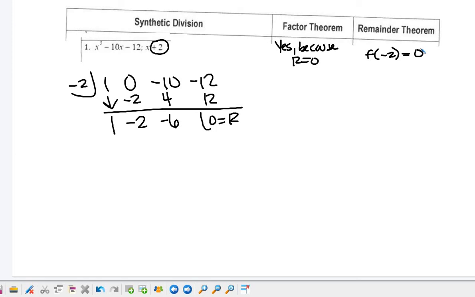Okay, so because this one is a factor, I would like to take the opportunity to do a little practice on finding all of the zeros. So remember, if this is an x cubed, then this is an x squared, which means I have x squared minus 2x minus 6. So I have a quadratic.